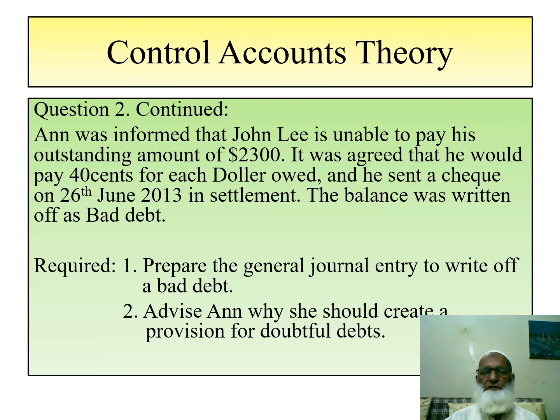The balance was written off as bad debt. Now, with this information, we are required to do 2 things: prepare the journal entry to write off a bad debt, and advise why she should create a provision for doubtful debts. Now we go to the next slide.